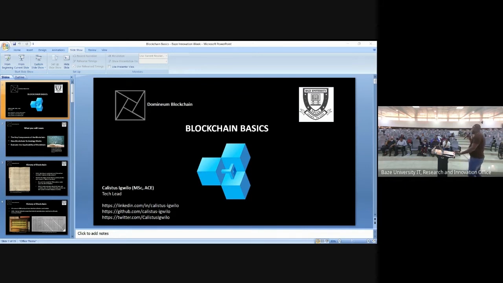So it's three things. The blockchain is set up such that any transaction that goes through it will be validated. When I say validate, what it means is, let's say you're supposed to send 5,000 naira to somebody, but you only have 4,900.